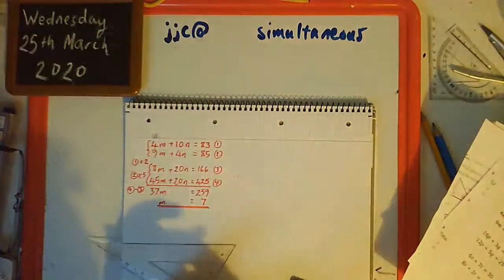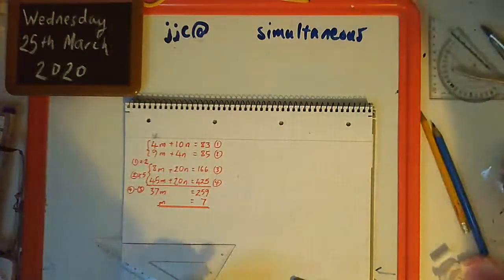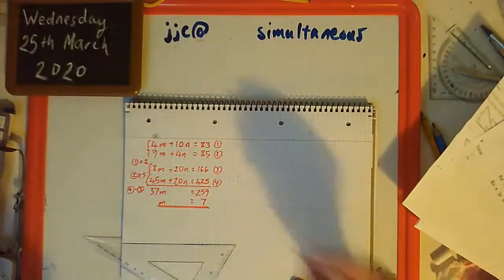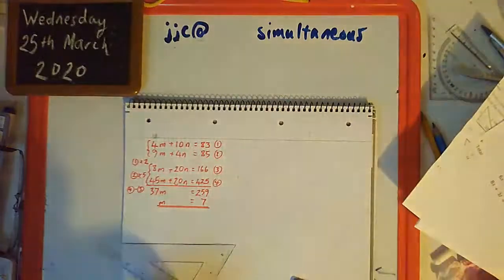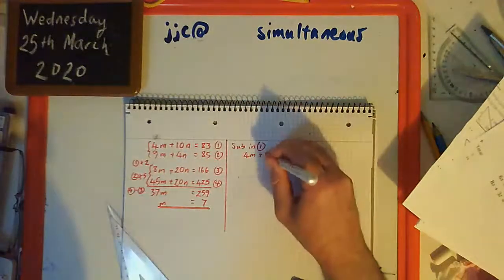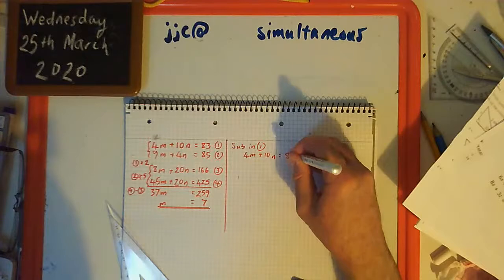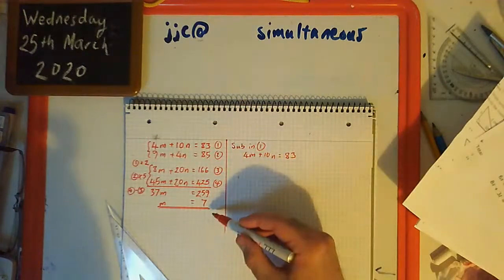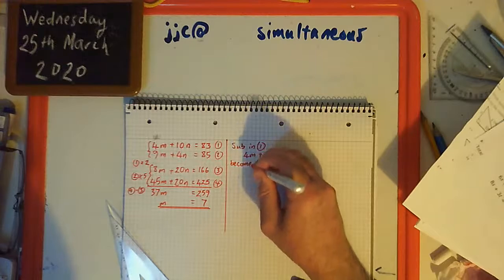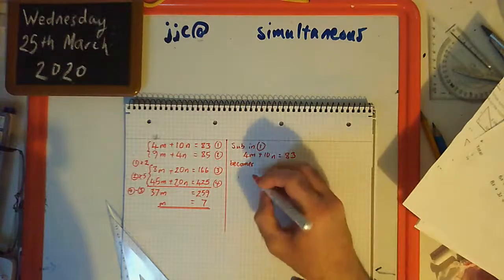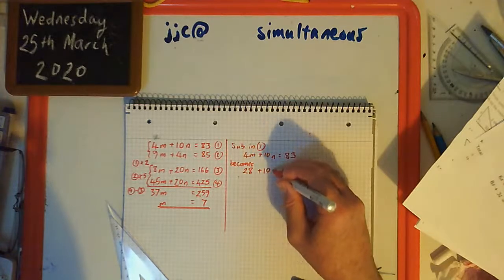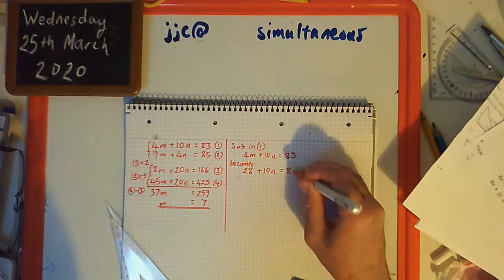And then I take that answer and substitute it into equation 1. I'm just going to do a little line down there to kind of separate it off. 4m plus 10n equals 83. And now that I've figured out that m is 7, that becomes 4 times 7 is 28. 28 plus 10n equals 83.